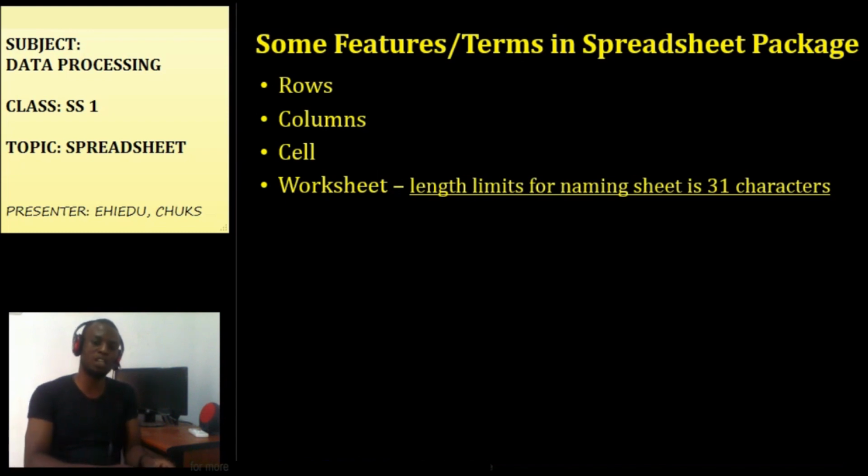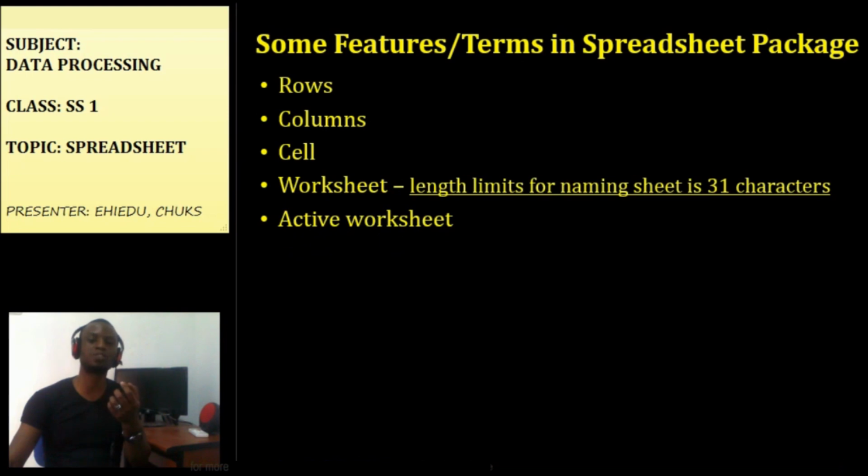But when you're renaming every tab or every sheet, the maximum number of characters is 31. Meaning that after you have typed in 31 characters, you can no longer type more than that. So that is something you should note about the worksheet. A collection of cells, related cells, will give you the worksheet.